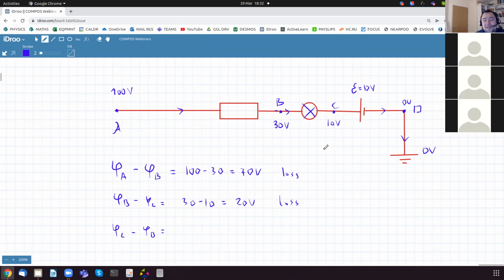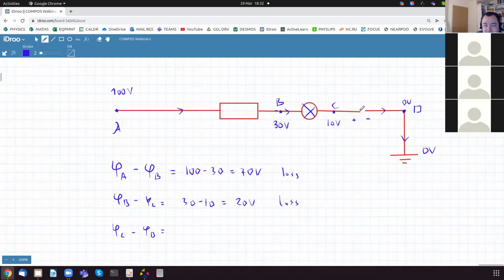Okay, that's not what I wanted to do, sorry. Here we're losing potential. What I meant is to put the battery the other way around.